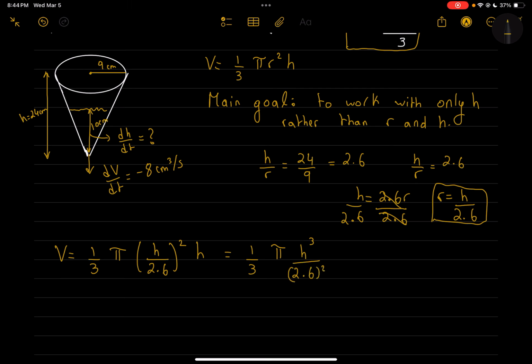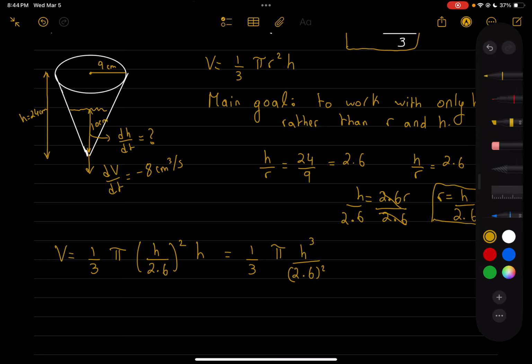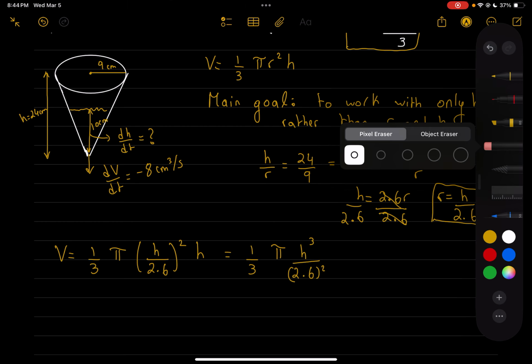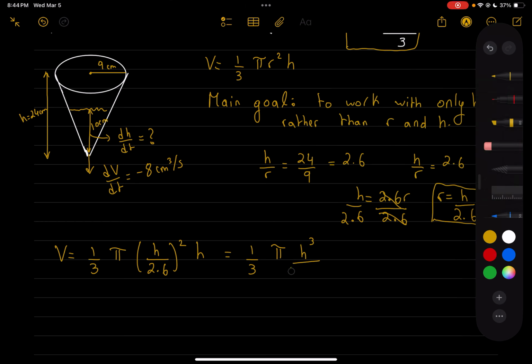Now, you can literally just multiply 2.6 by 2.6, and it's going to give you something close to 7.1. So let's erase over here, and let's replace it with 7.1.